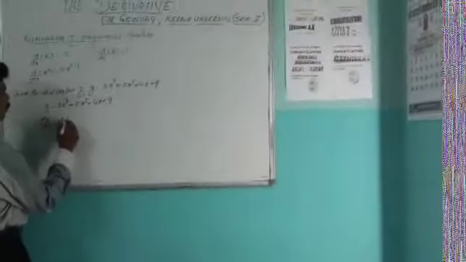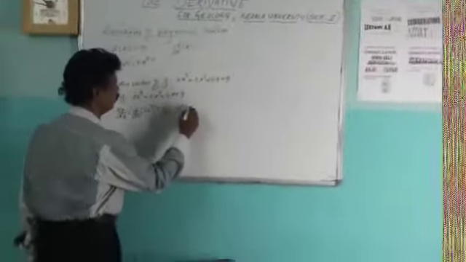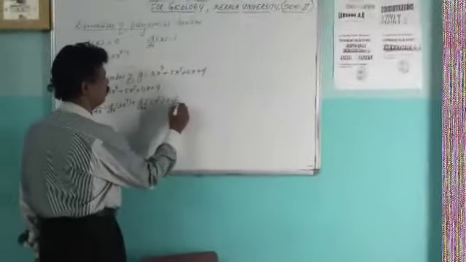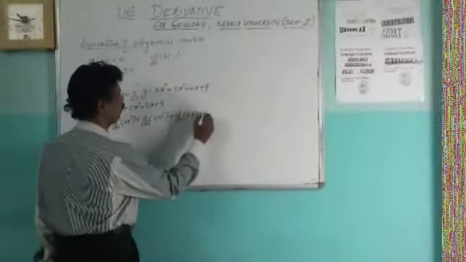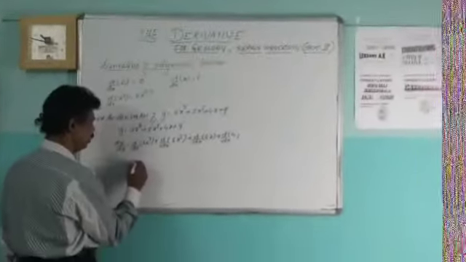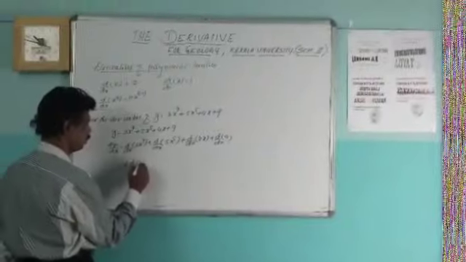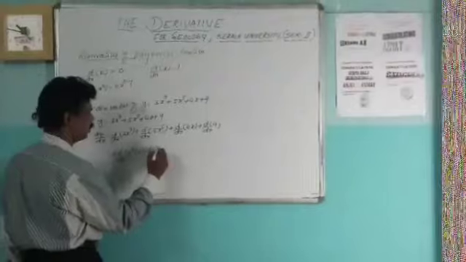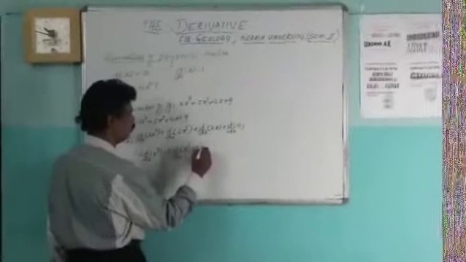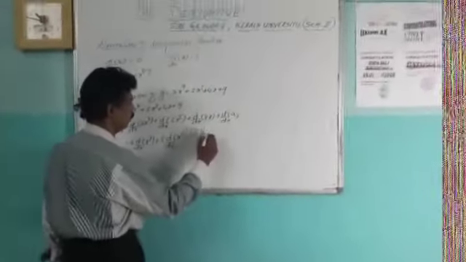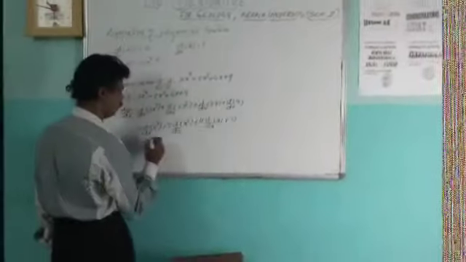Then dy by dx equals d by dx of 3x⁷ plus d by dx of 5x⁵ plus d by dx of 4x plus d by dx of 9. Here 3 is a constant, take outside: 3 into d by dx of x⁷ plus 5 into d by dx of x⁵ plus 4 into d by dx of x plus derivative of 9 equals 0.